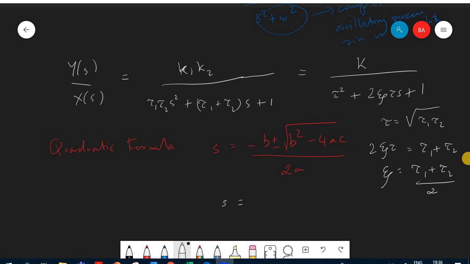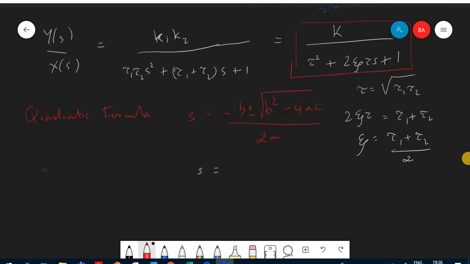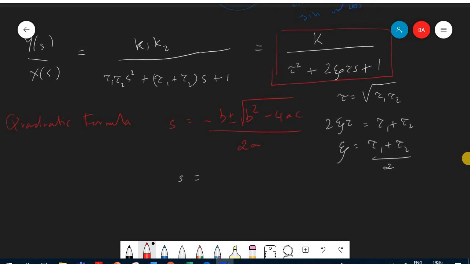Now we will apply this quadratic formula on the basis of the standard form that we have here. Minus b now is minus 2 xi tau, plus or minus the square root of b squared, which will be 4 xi squared tau squared, minus 4ac.